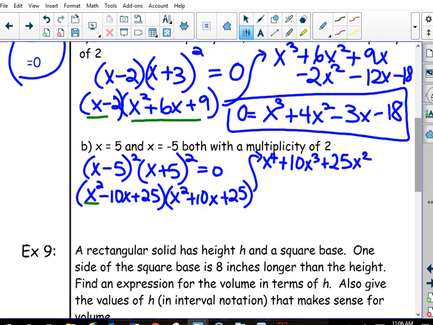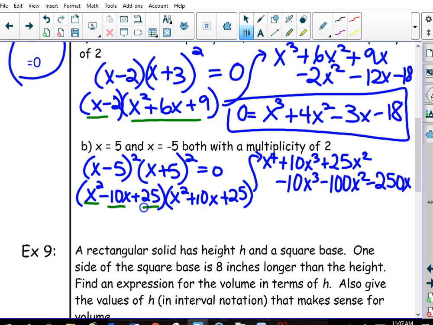And now I'm going to multiply by negative 10. I get negative 10x to the third. And notice how I'm writing them underneath the like terms. Negative 100x squared. And it looks like negative 250x.